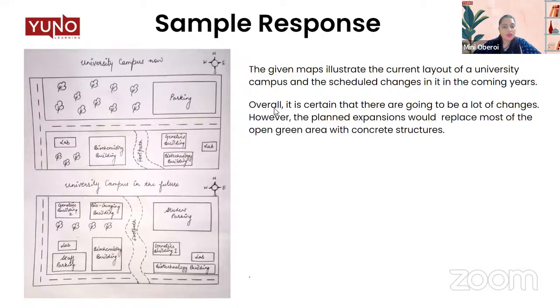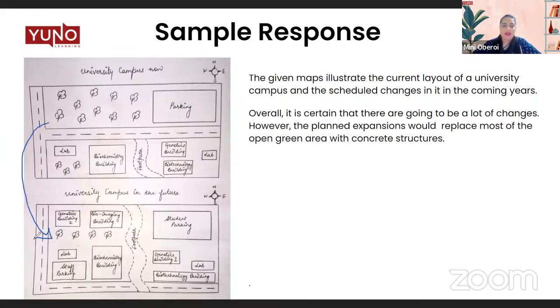So overall, it is certain that there are going to be a lot of changes. However, the planned expansions would replace most of the open green area with concrete structures, right? This is what we see. This is what we observe, that the greenery is completely, I won't say eliminated here, I would say reduced, right?